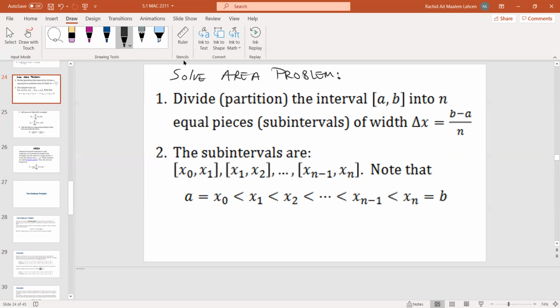So you get delta x as the width of these sub-intervals, b minus a divided by n.